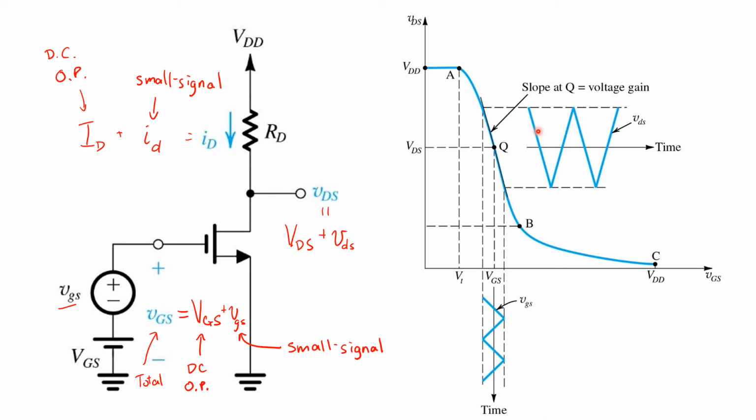And of course, the multiplicative gain that relates the small signal quantities is nothing more than the slope of this input-output curve. So the slope of the curve evaluated at the operating point Q is the voltage gain of this NMOS amplifier for the small signal quantities vgs and vds.